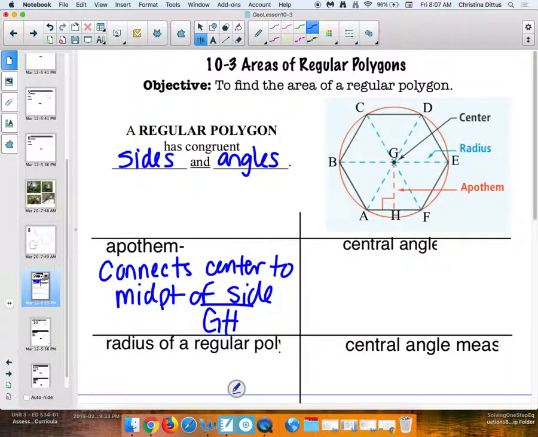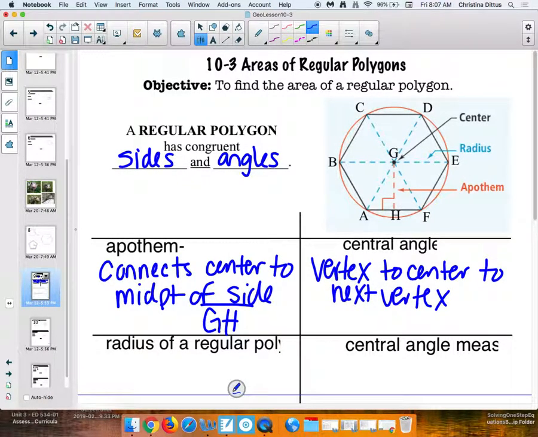A central angle goes from our center and then connects down to 2 vertices. Vertices are like what make up your sides. So central angle goes from a vertex to the center to the next vertex.